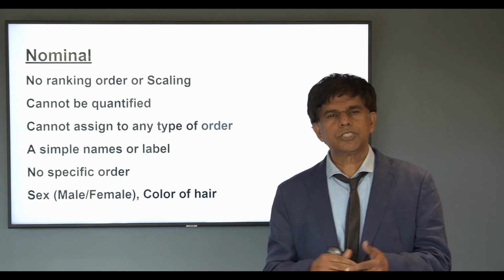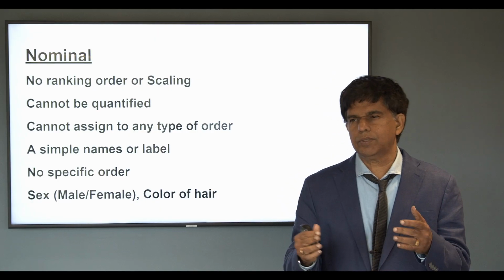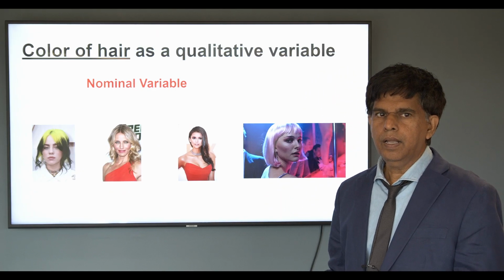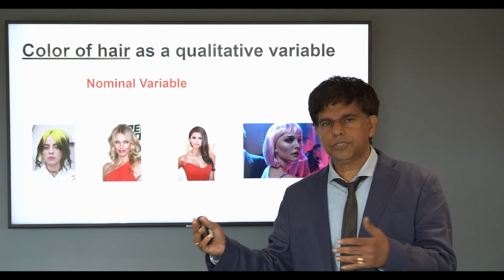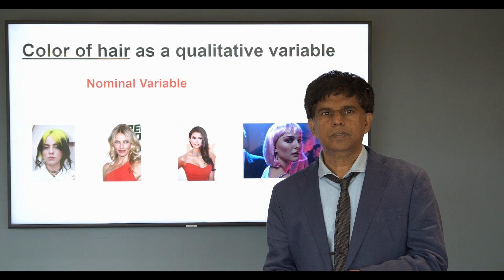It could be a symbol, name or a label, no specific order. Example, sex, you say male or female. Another example, color of the hair, you got beautiful females and different hair colors, it's a nominal variable, okay?